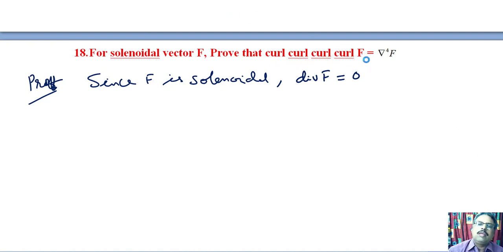Now we will prove that curl of curl F equals del power 4 F. Okay, we will discuss.